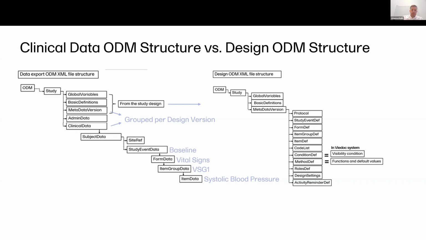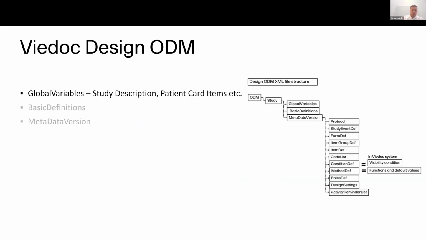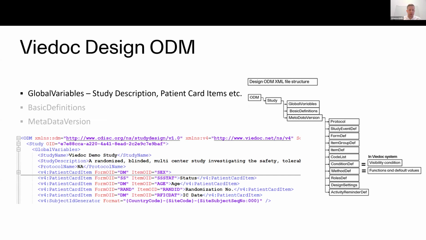Okay, so let's speak more about the design ODM structure then. I will talk very little about global variables and basic definitions, pretty much because it's such a small part of the ODM. But I'll give you an example of what could be included here. In the global variables, you will have some study descriptions, you will have some patient card information and so on.